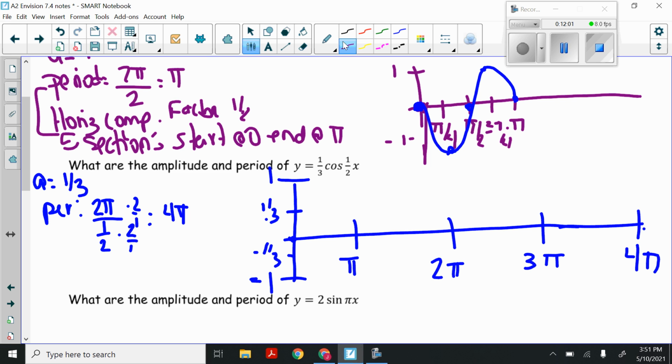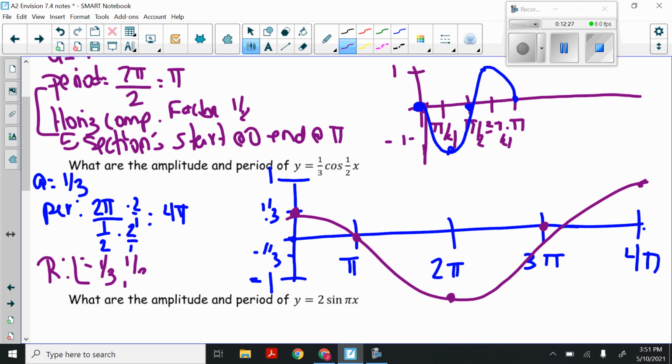Cosine means I start at my maximum. So max, O, min, O, max. So here's what the graph looks like. Again, I could still see my domain is still negative infinity to infinity. This time my range on this one would be negative 1/3 to positive 1/3.